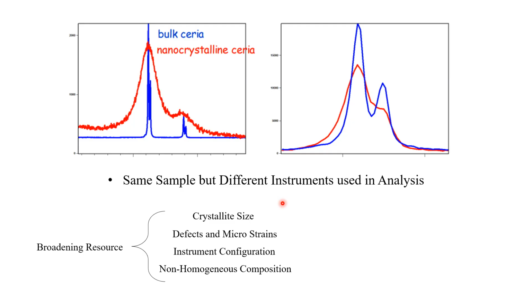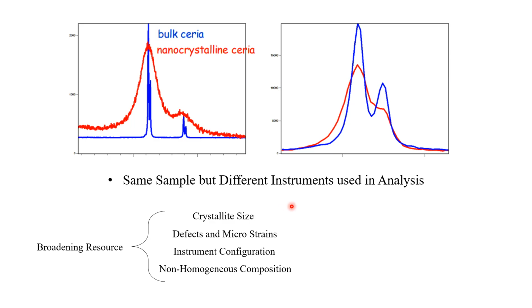So we can say that the observed peak can be from internal features of our sample. But in addition to that, it can be from instrument configuration or the parts of our XRD analysis. So the observed broadening can be from both internal features of our sample and from our instrument configuration.